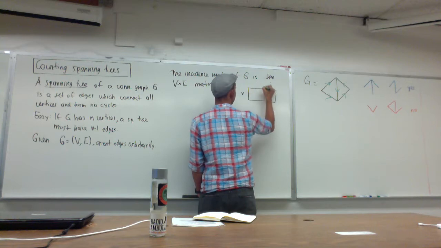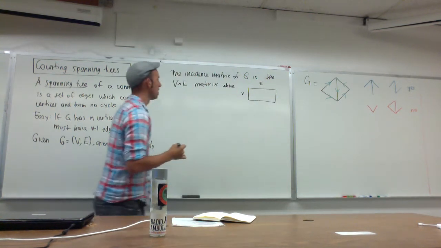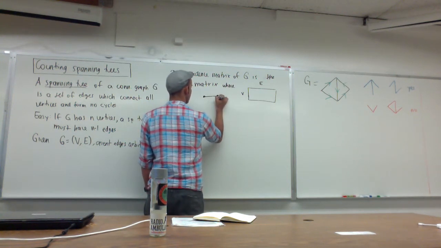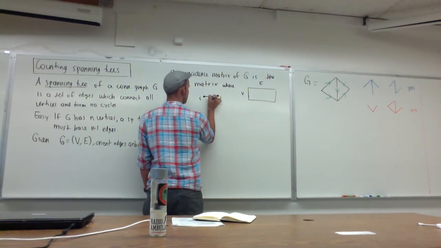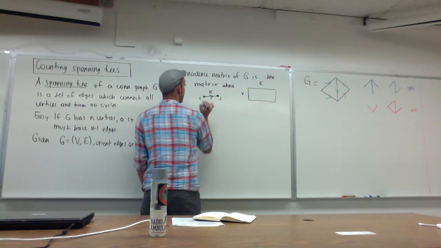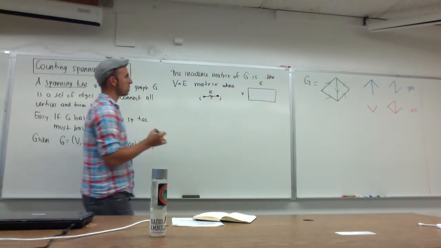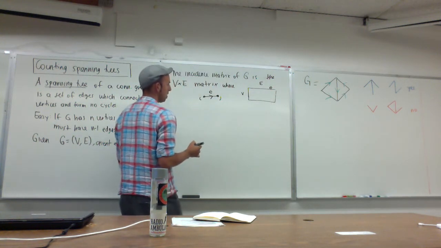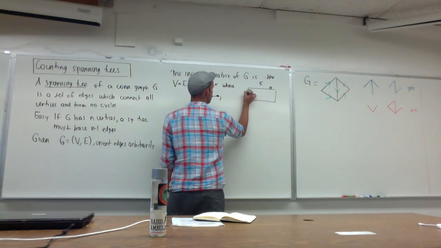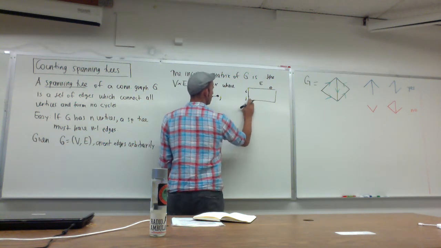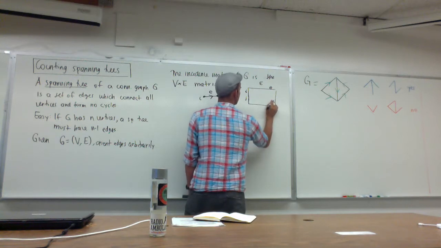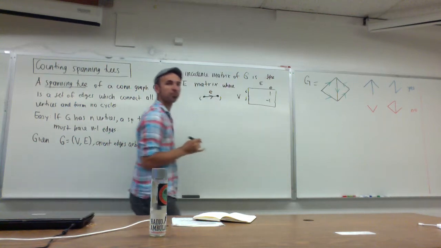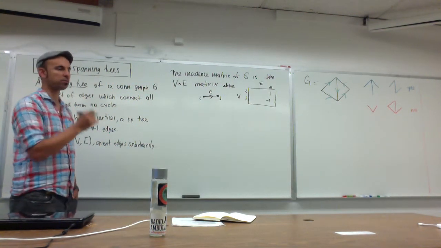Here I have my vertices, here I have my edges. Whenever I have an edge in the graph from vertex i to vertex j, and let's call this edge e, then I'm going to look at column e, and look at entries i and j, and I'm going to put a 1 at i and a -1 at j. And then the rest of the column is 0.